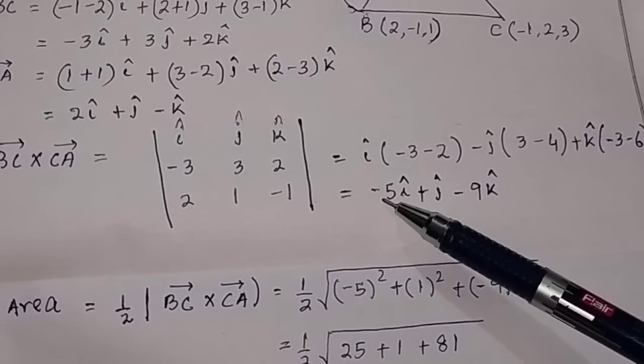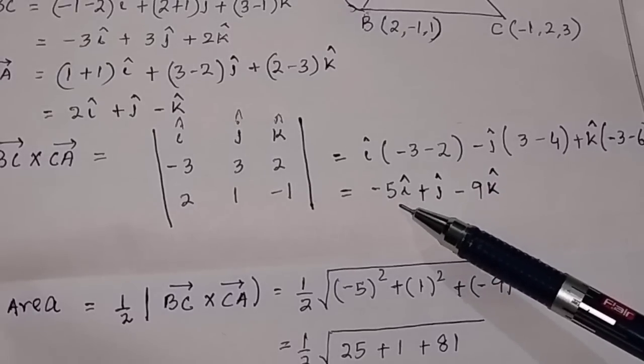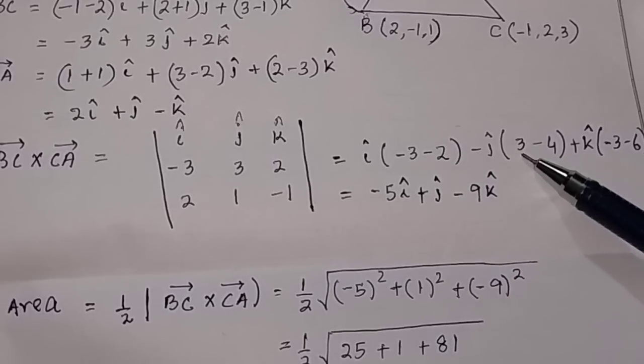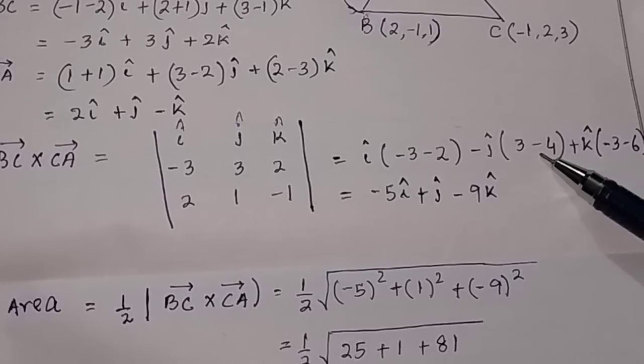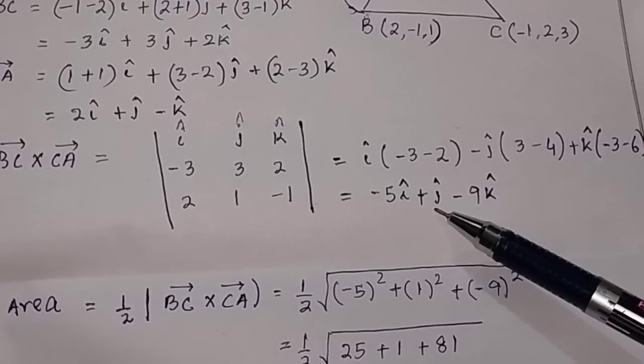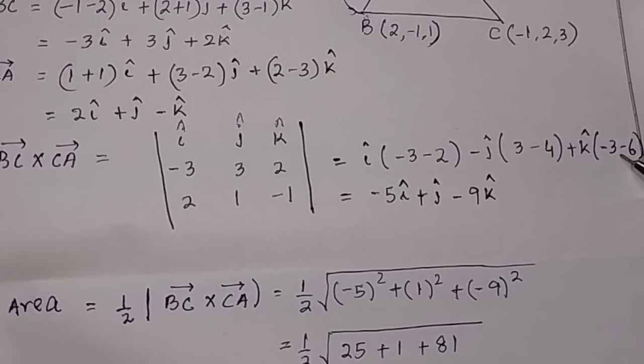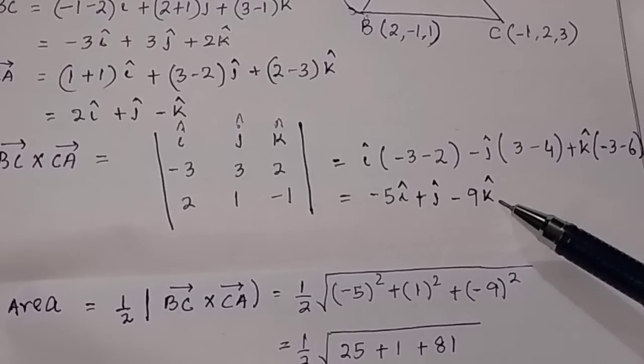So the result will be equal to minus 3 minus 2, that is equal to minus 5 into i cap, plus, 3 minus 4, that is equal to minus 1, minus again minus, plus, so plus j cap, minus 3 minus 6, that is equal to minus 9, so minus 9 k cap.